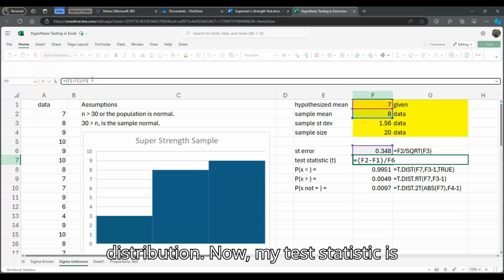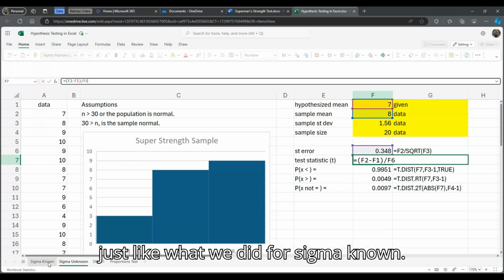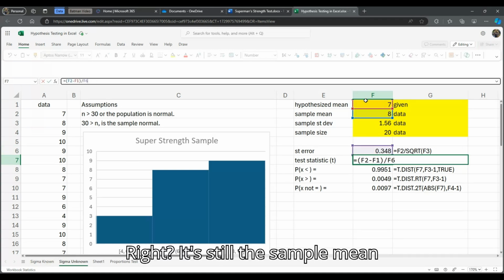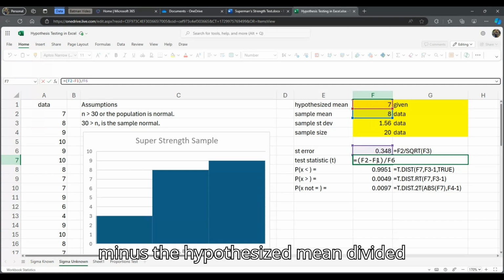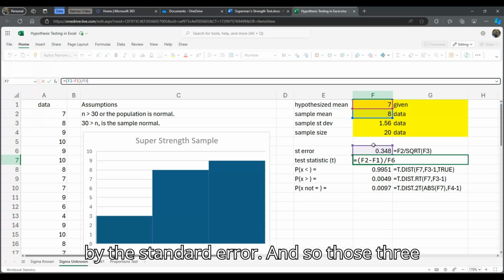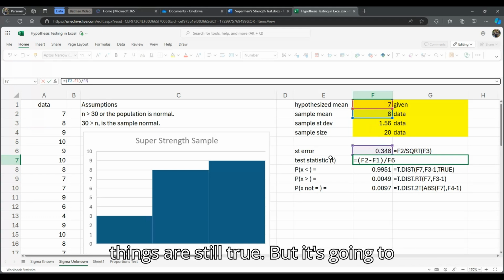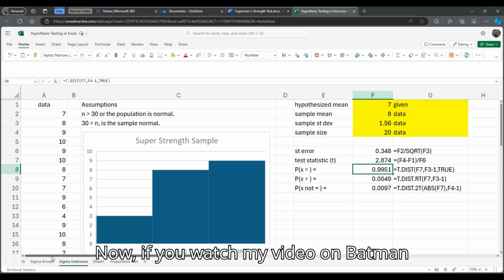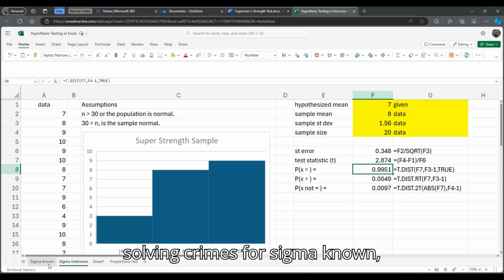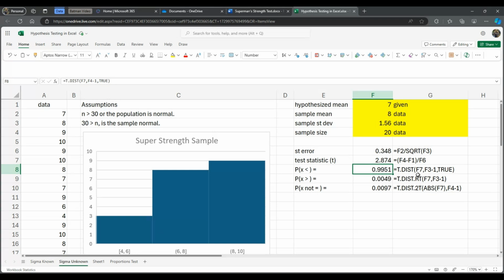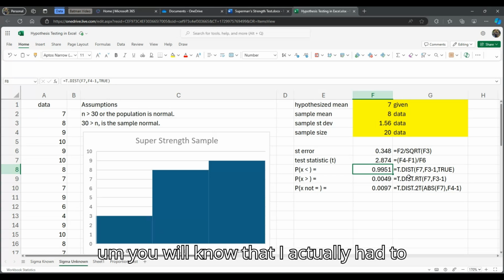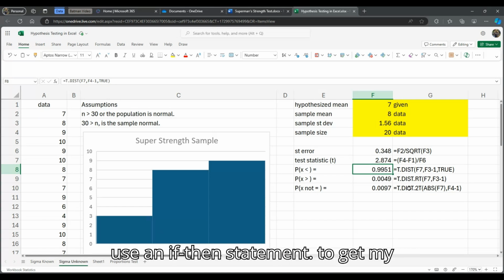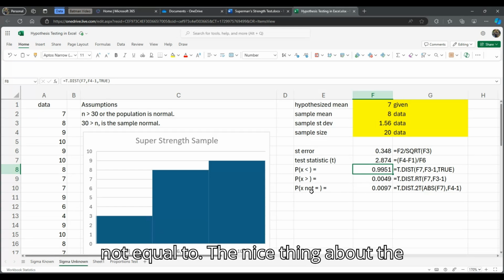Now, my test statistic is just like what we did for sigma known, right? It's still the sample mean minus the hypothesized mean divided by the standard error. And so those 3 things are still true, but it's going to be a t-test statistic because we are using the t-distribution. Now, if you watch my video on Batman solving crimes for sigma known, you will know that I actually had to do the complement rule, and then I had to use an if-then statement to get my not equal to.